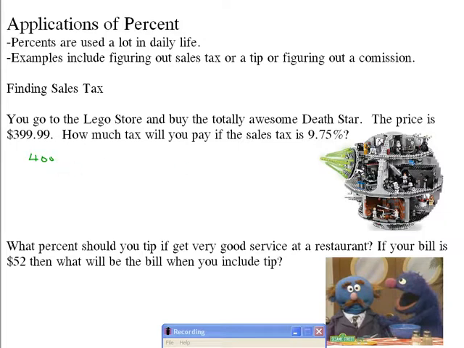So this is going to be 400, and then the sales tax is 9.75%. All we do is multiply by the decimal equivalent, which is 0.0975.